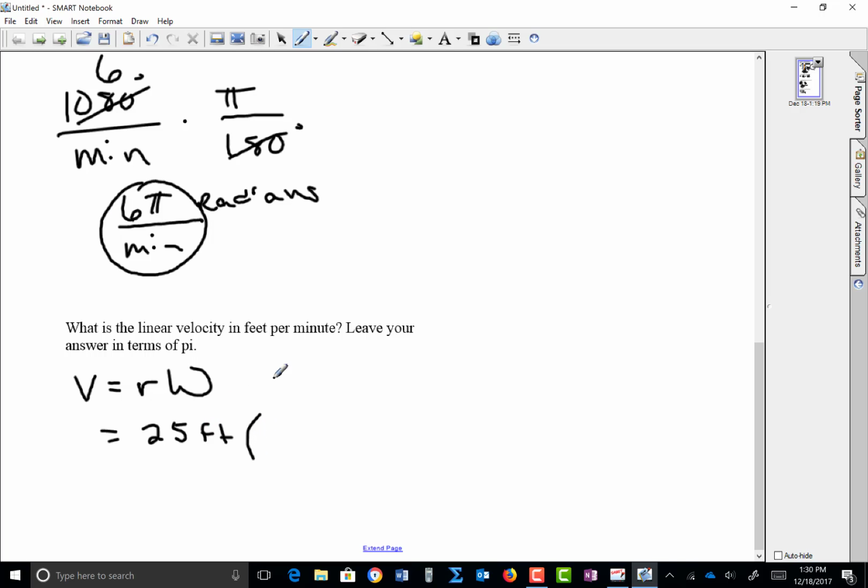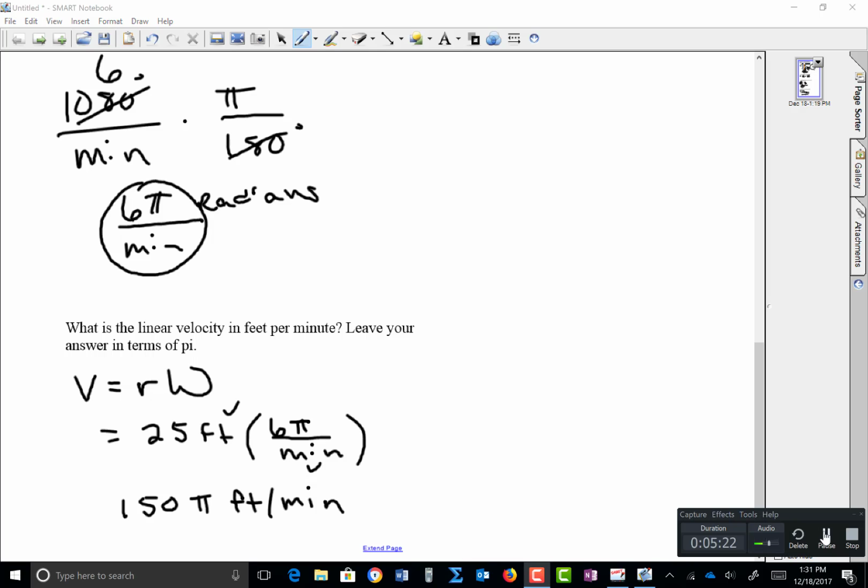And we have the angular velocity is 6 pi radians per minute, and they want this in feet per minute. So we already have feet, we already have minutes. 25 times 6 is 150. It says leave it in terms of pi, so this would be 150 pi feet per minute. And that gives us our linear velocity.